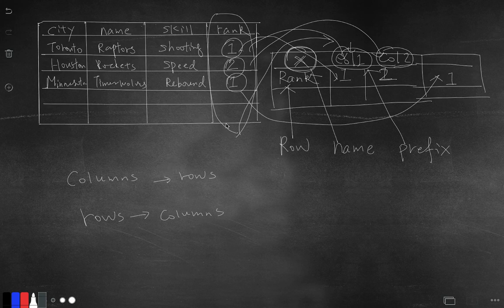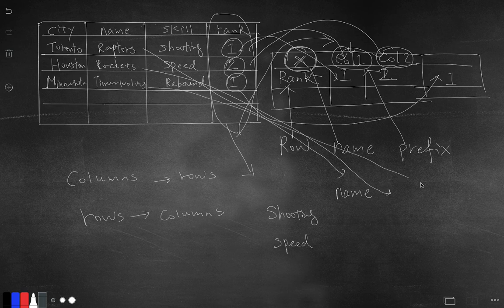Take this example. What do you want to see? I want to see, for example, shooting, and you have to have some kind of target in mind. So let's say the speed, and then I want to see maybe the name, whether they are Raptors, or Rockets, or Timberwolves.